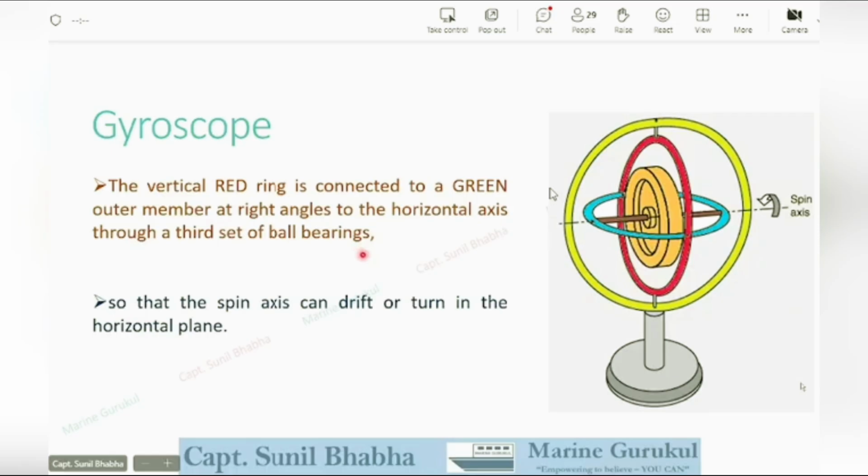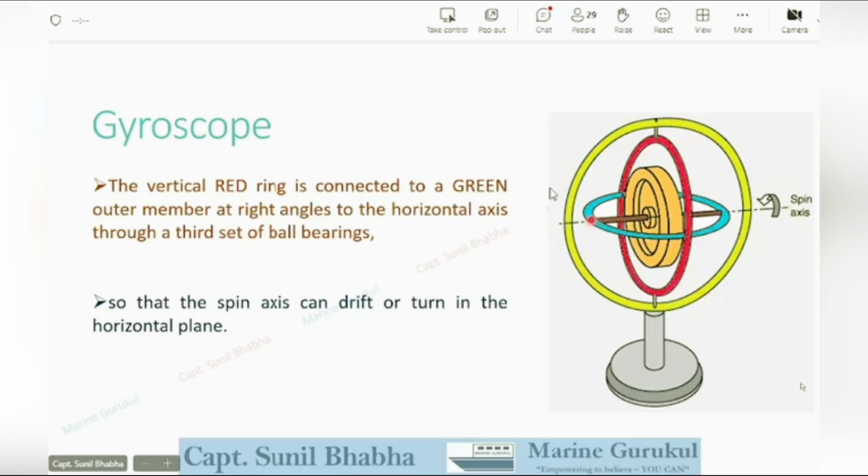And this set of ball bearings, one fitted on top here connecting the red ring with the green outer member, and one fitted at bottom here connecting the red vertical ring with the green outer member, they allow the spin axis to move in the horizontal plane. You see, the spin axis can move in the horizontal plane.